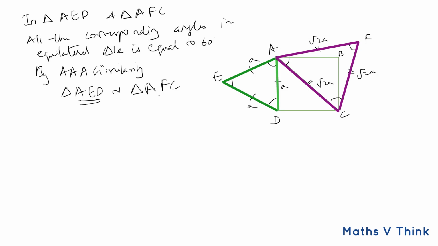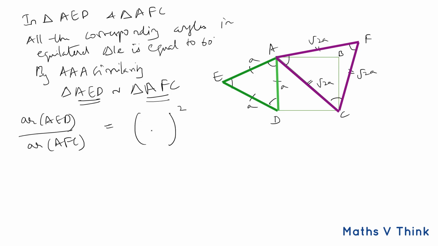Now this triangle is similar to this triangle. So by the theorem of areas of similar triangles, we can write area of AED divided by area of AFC is equal to square of the ratio of their corresponding sides. So we can take any one corresponding side. So we shall take AE by AF.